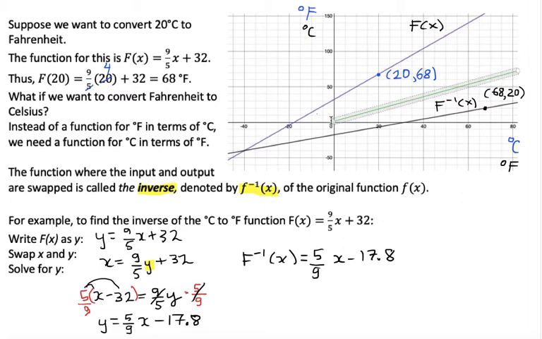The scale is a little bit not perfect here, but it's always going to be symmetrical about this line, y equals x. Okay, so that symmetry will always be maintained, and all the x and y points are swapped.